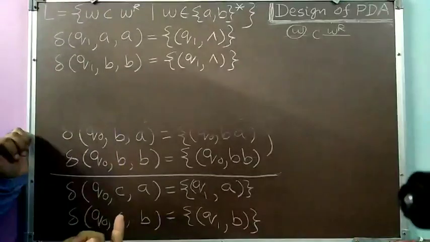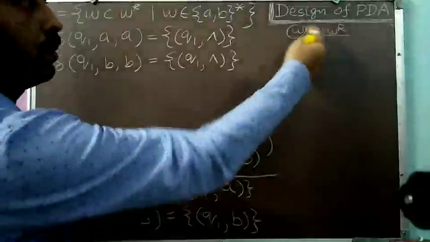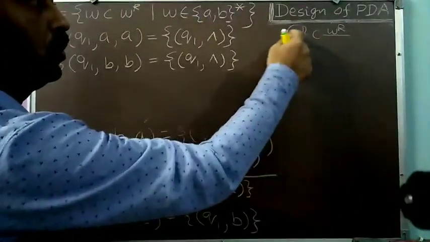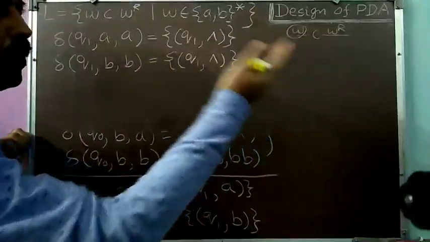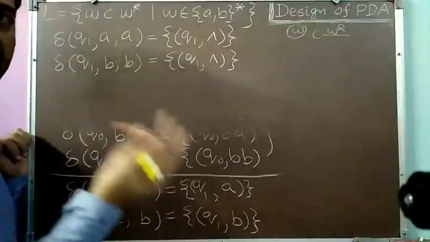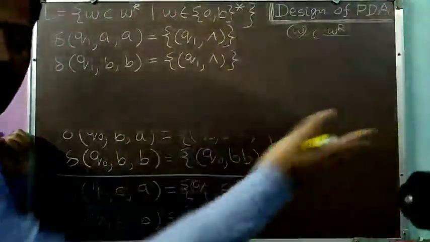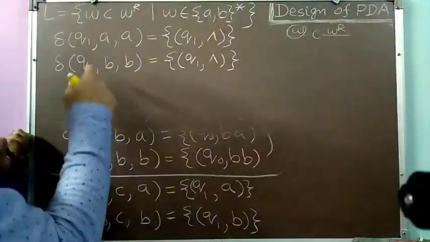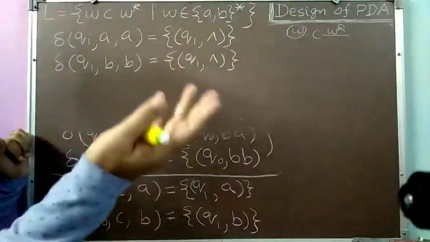If a mismatch is there, so whatsoever string I am getting in the input, that is not the palindrome of the W which I have already pushed over the pushdown store. It will be a palindrome only when I am getting the same symbol in the input which is also stored on the top of the pushdown store. That's why I'm not writing these 2 conditions, because in those conditions I have to reject my string.